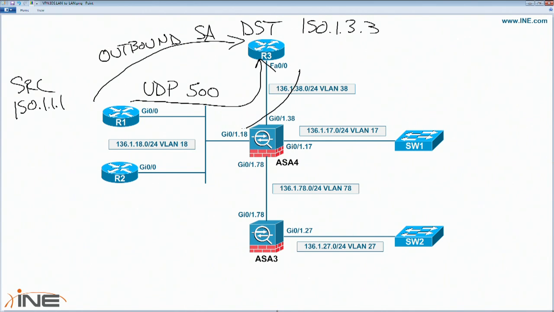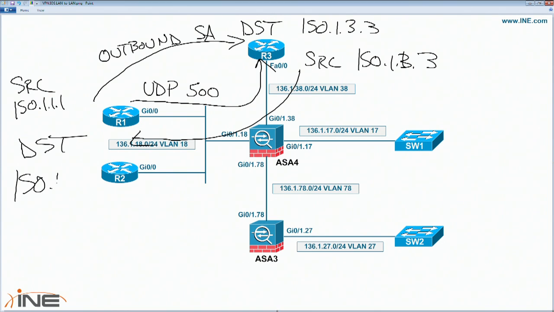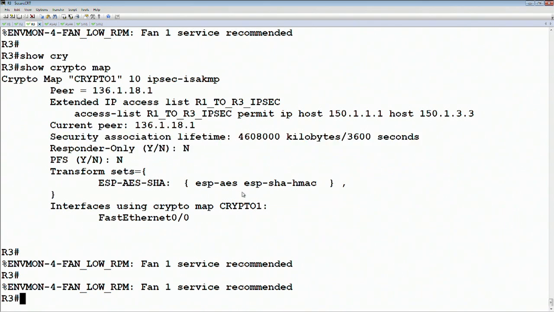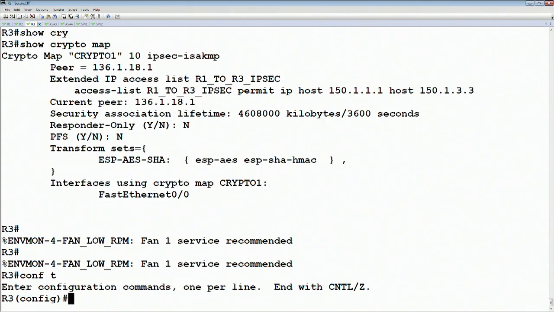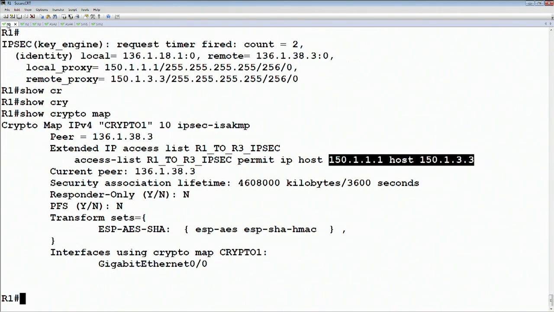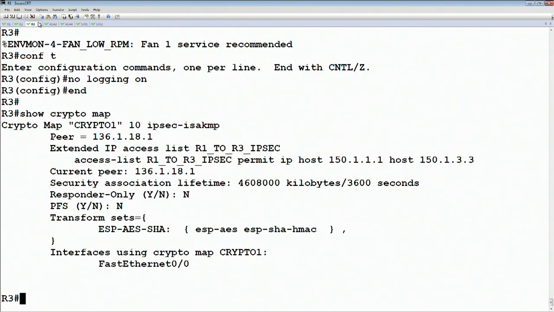For router 3's outbound SA, the source is going to be 150.133, and the destination is going to be 150.111. So if we look at router 3 and look at its access list, what's the issue here? Router 3 is saying that the access list is actually the same as router 1's.